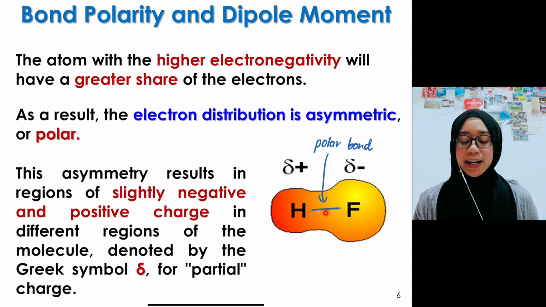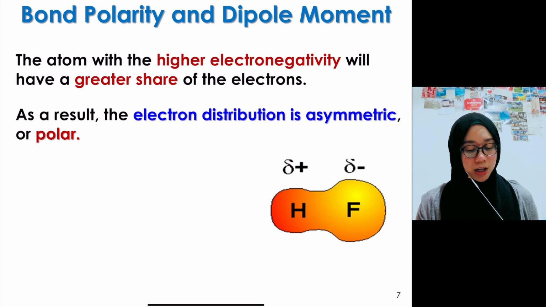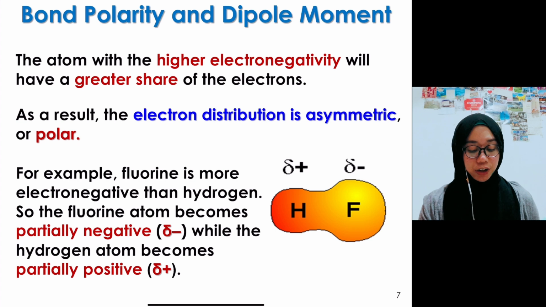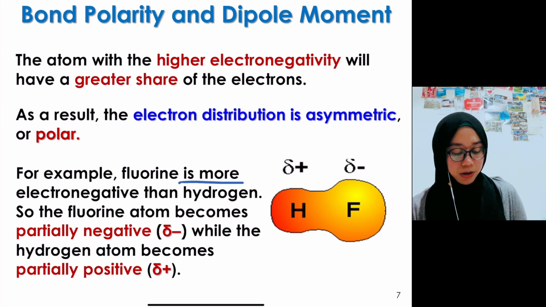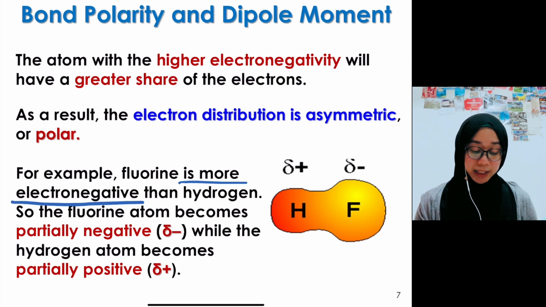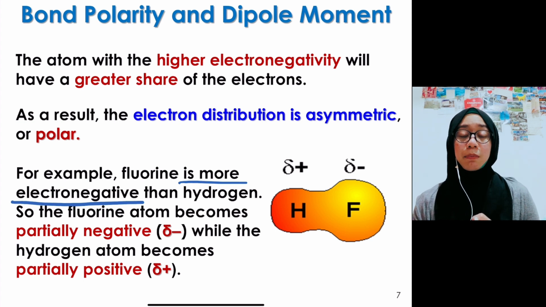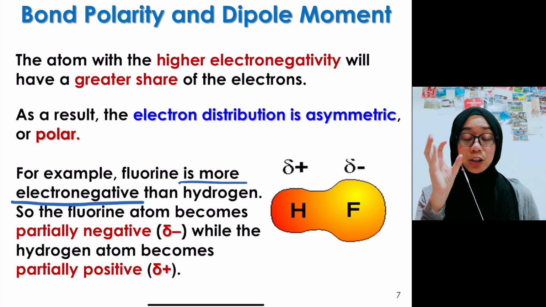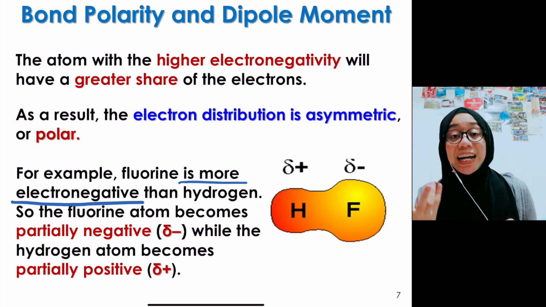Whereas hydrogen pula, since elektron tak banyak sangat keliling dia, this side is what we say to be partially positive. So fluorine is more electronegative, therefore the fluorine atom becomes partially negative while the hydrogen becomes partially positive. So kita guna simbol delta tu. Delta tu menunjukkan dia partially ataupun slightly.